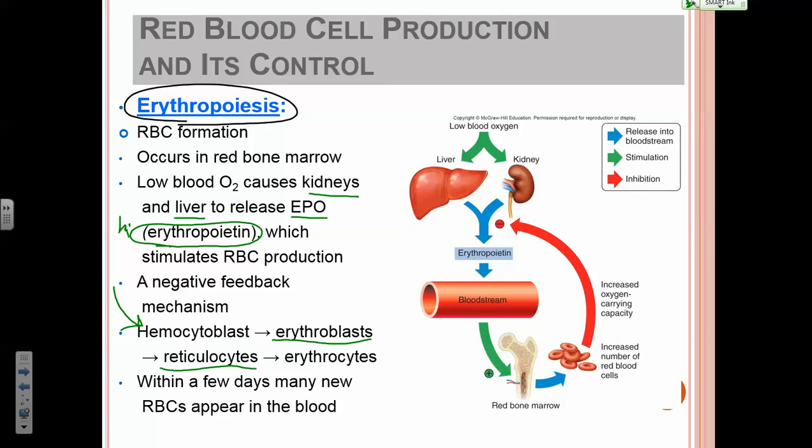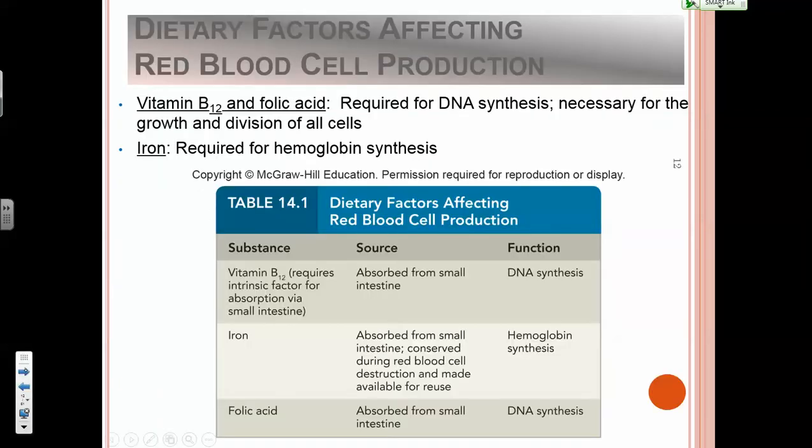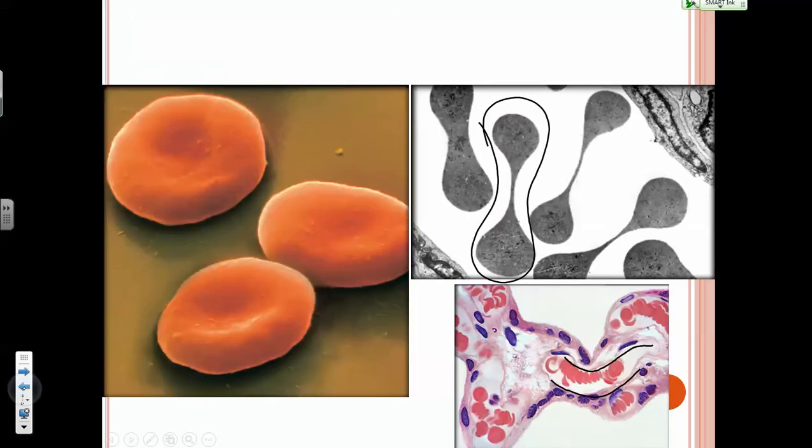Sometimes we see those actually circulating in the bone marrow, but that is a little immature red blood cell. But it gives rise to the mature erythrocyte. So just in a few days after erythropoietin is released, you can have lots more red blood cells produced at your bone marrow.